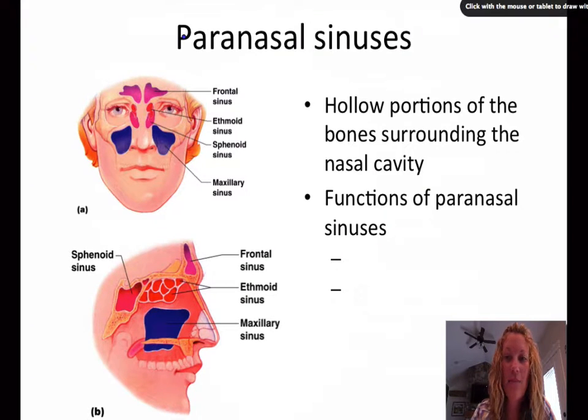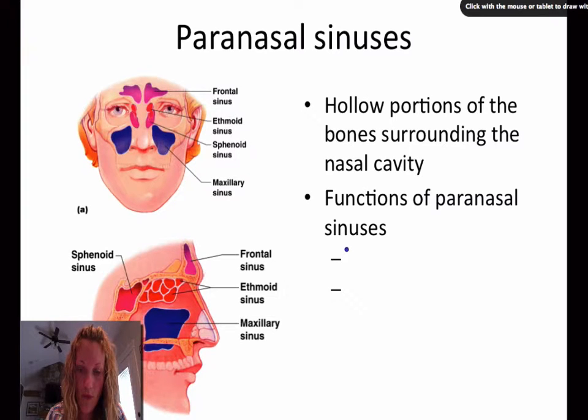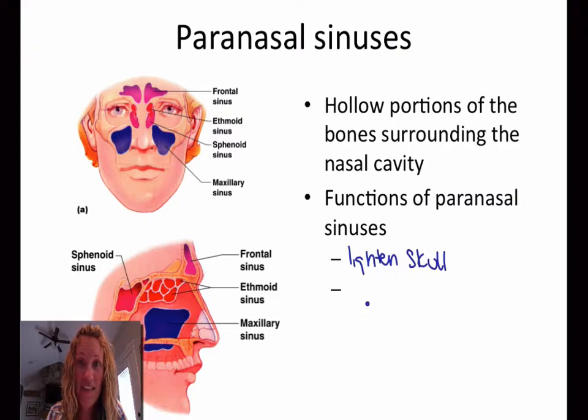Paranasal sinuses are the hollow portions of the bones that surround the nasal cavity. There are many functions to the paranasal sinuses. They're hollow, okay? The functions include that they lighten the skull, and they give resonance and amplification to voice.